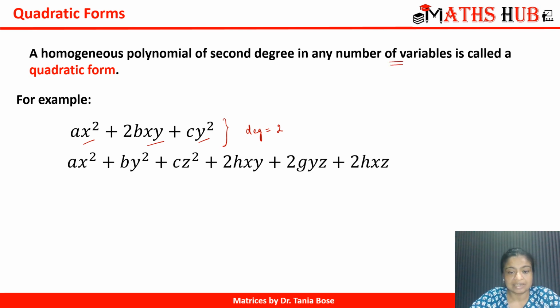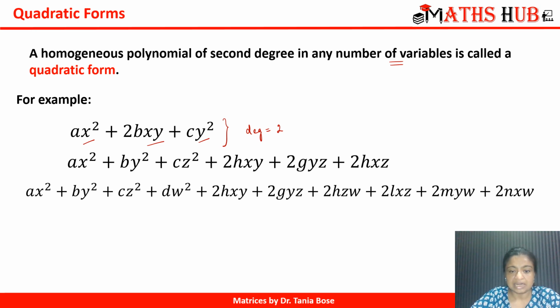So let us see another example. Here you can see that this is a homogeneous polynomial of second degree. And how many variables are here? There are 3 variables, x, y, and z. So the polynomial becomes ax squared plus by squared plus cz squared plus 2hxy plus 2gyz plus 2hxz, right? Where a, b, c, h, g, and h are coefficients.